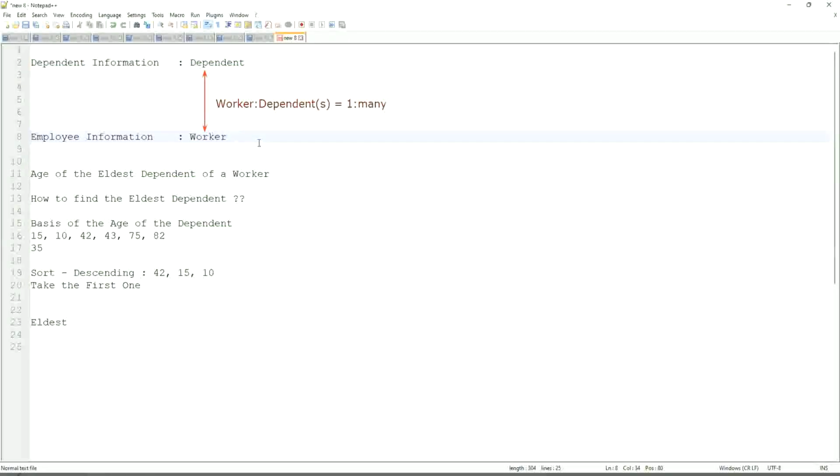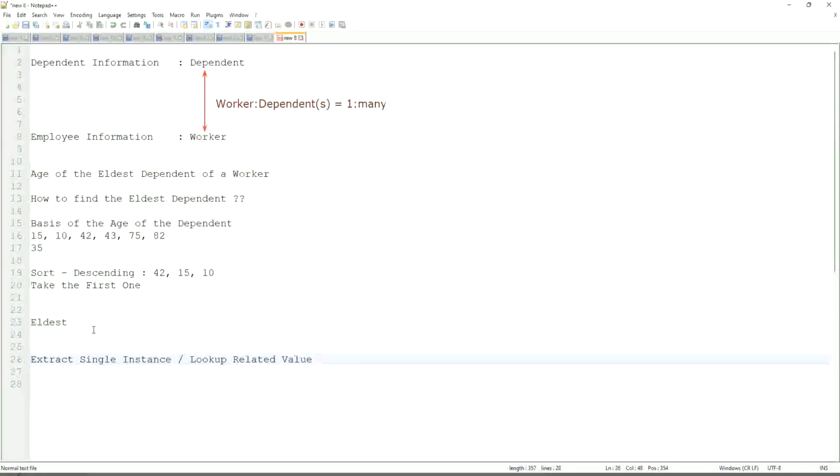But does the worker business object have the information about the dependent's age? The answer is no. That is why we are going to use a combination of calculated fields that is called extract single instance, right, and look up related value.